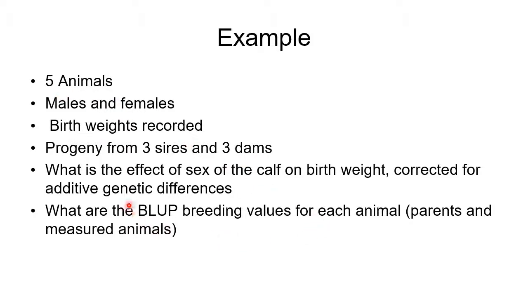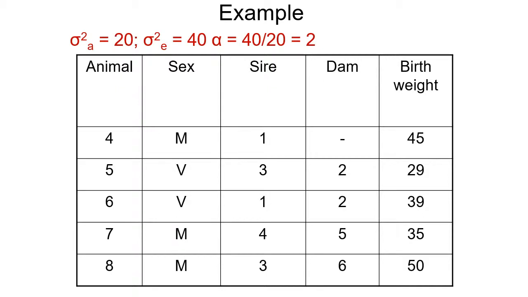We will get solutions for each of those animals. So each animal, 3 plus 3 plus 5, will have its own equation, and we have the same number of unknowns. So we need to use matrices to solve all these equations for us.